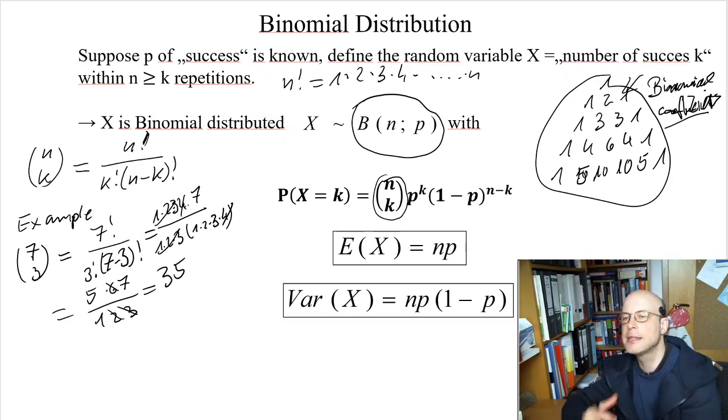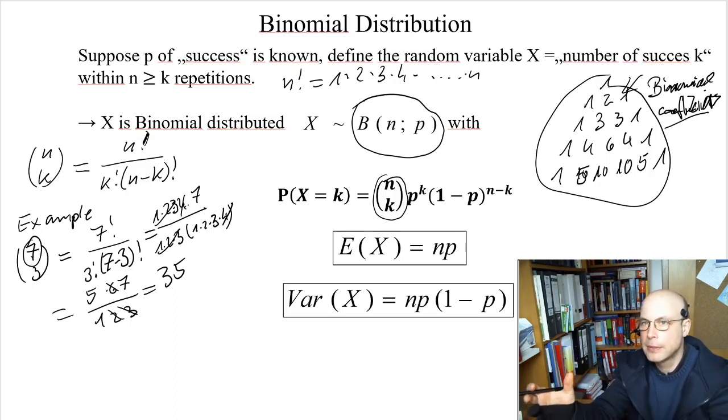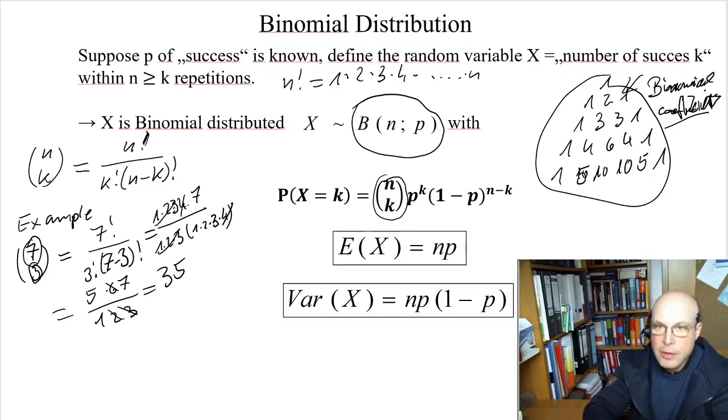And this just means that if we take 7 elements as a whole, and then we ask how many ways do we have to choose a 3-element subset out of 7 elements, then there are 35 possibilities.